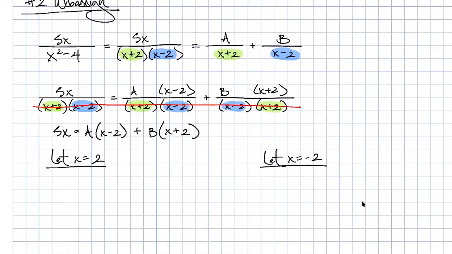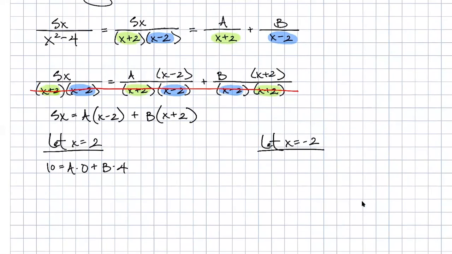So if I plug in 2 into my equation, I'll get 10 equals a times 0 plus b times 4. And so that gives me 10 equals 4b, or b equals 10 fourths. So since I can reduce that, I'm going to reduce it to 5 halves.